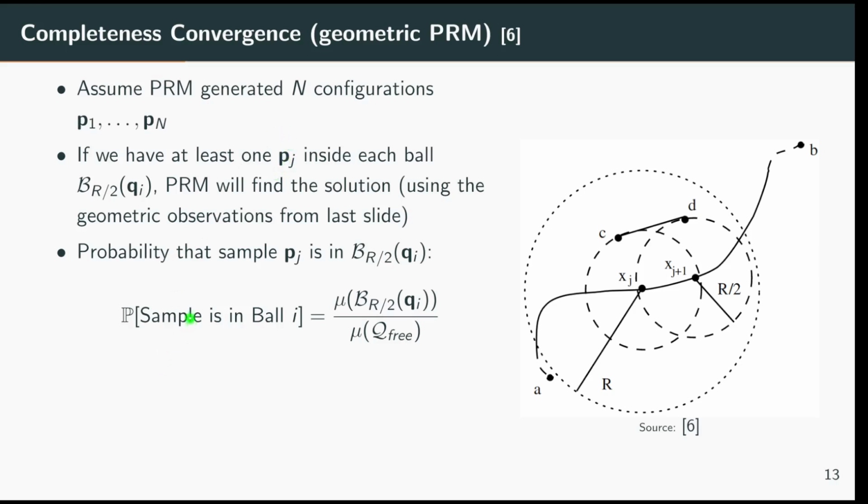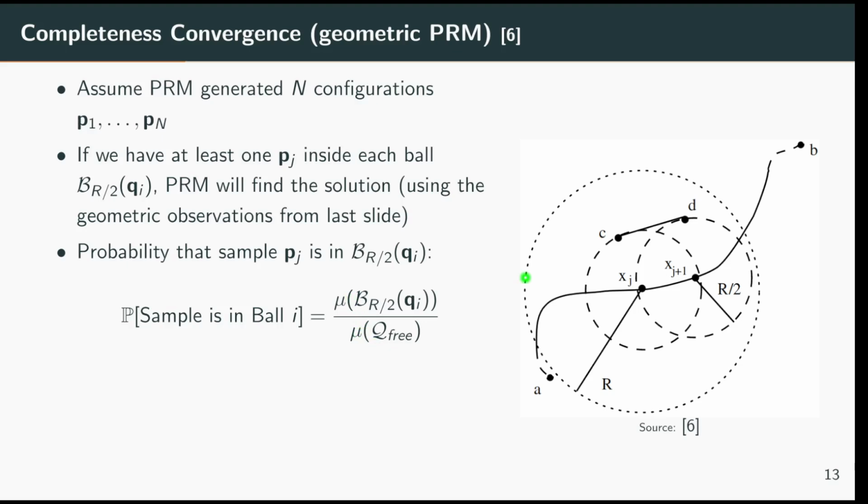So if we look at any of these n samples, so sample i, the probability of having this sample as part of this ball qi from the solution is again just the same volume argument. So you just look at the volume of the ball itself versus the volume of the total free space.